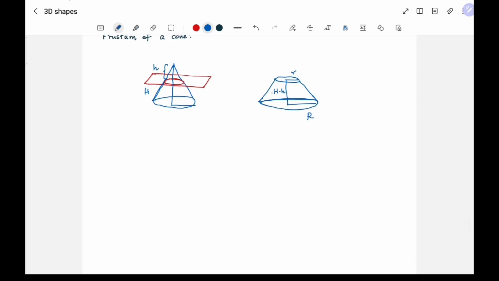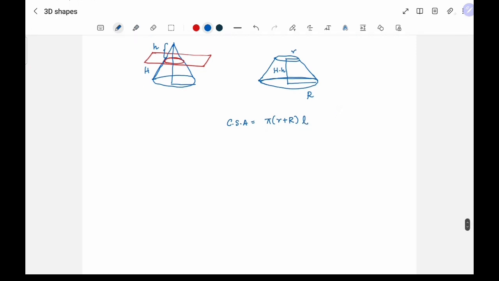So surface area is easy to find. So for curved surface area, we have pi into small r plus capital R into L. Okay. So it is easy to see if small r is 0, it will represent the actual cone, then it becomes pi R L, right?